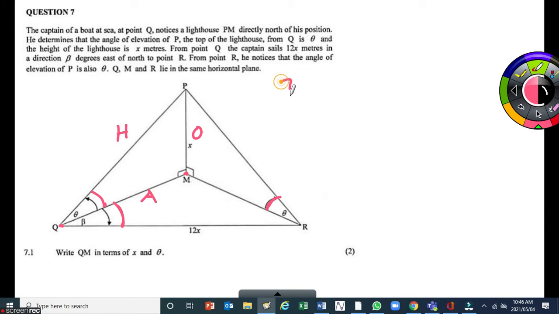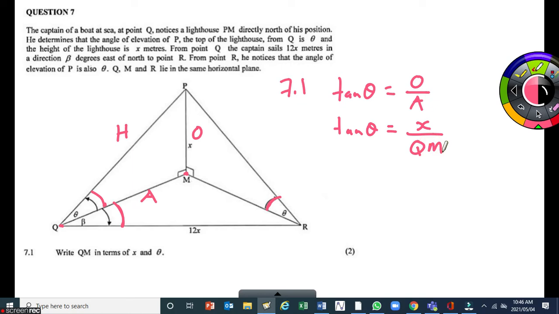For 7.1, first I write tan theta is equal to opposite over adjacent. Then we substitute: tan theta is equal to the opposite side, that's x, over the adjacent side, that's QM.